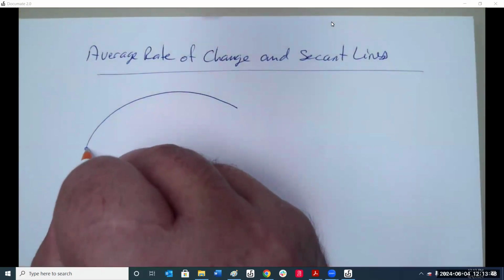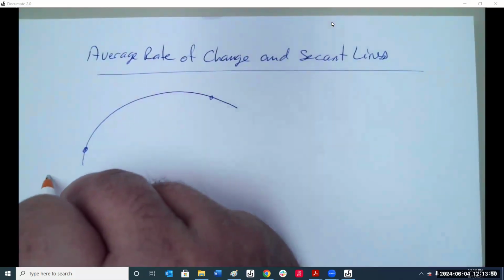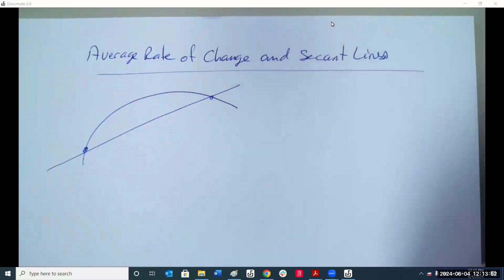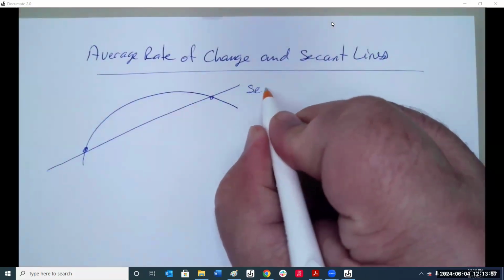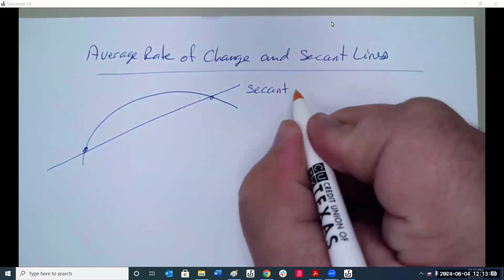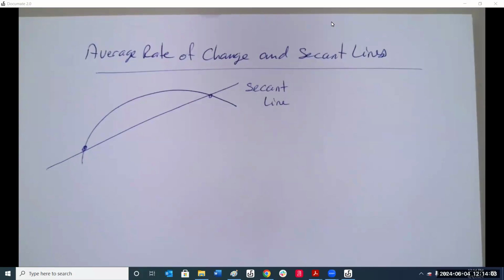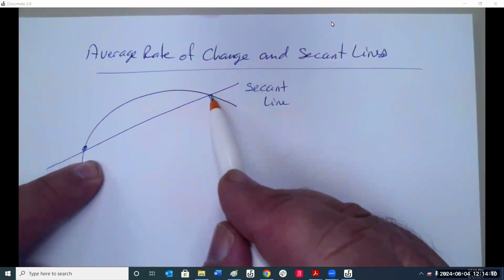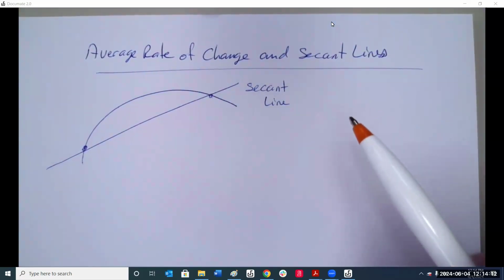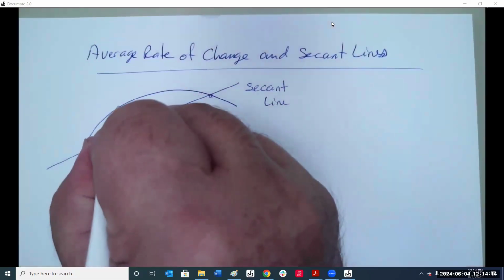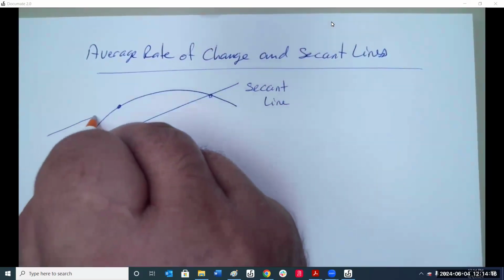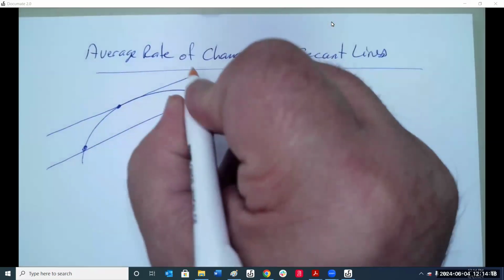A secant line, by definition, crosses a curve at 2 points. And that's what we just did. Our first examples, we did actually find the slope of 2 points. And then we used those 2 points to find the slope of a tangent line.